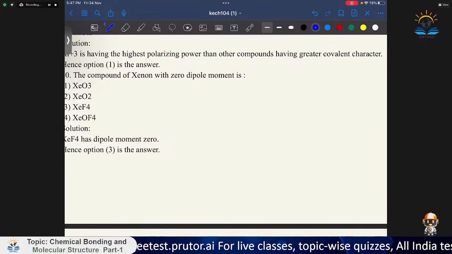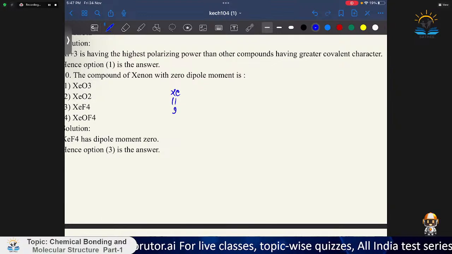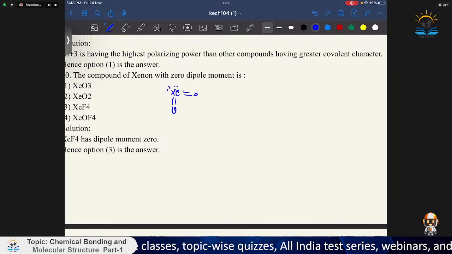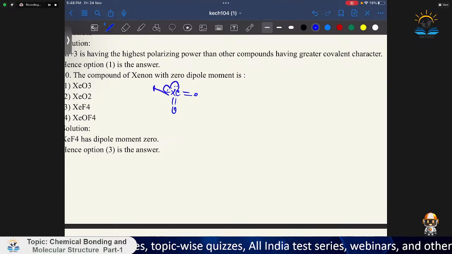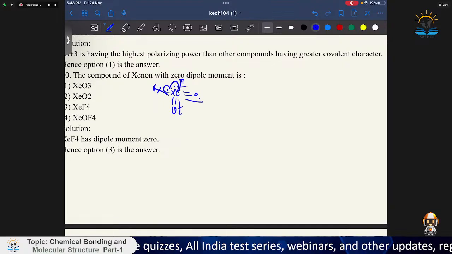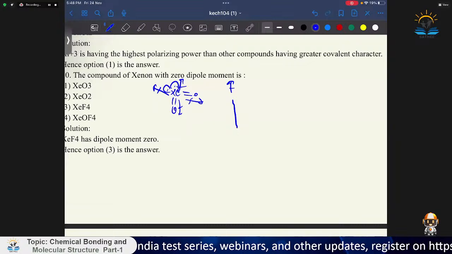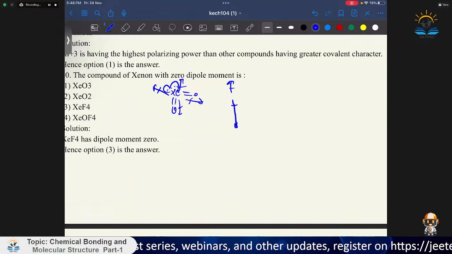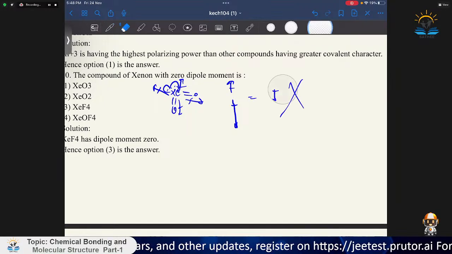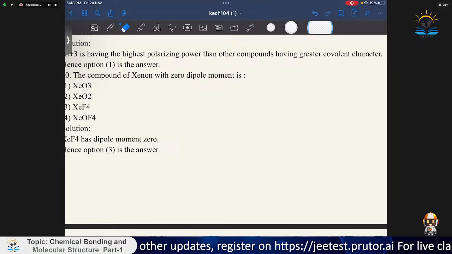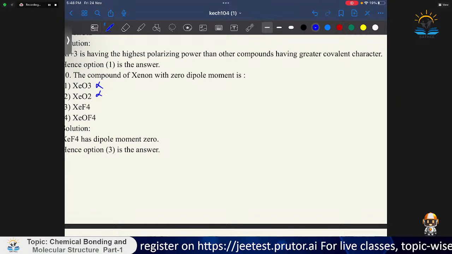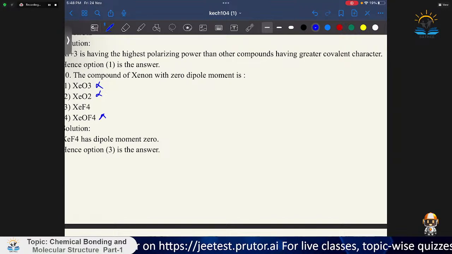Next, XeO2 is like this. If we add these up, there will be one dipole moment here and a large dipole moment towards oxygen, which gives us a dipole moment like this. This is also not the answer because the dipole moment needs to be zero. So we have successfully eliminated XeO3 and XeO2. We know the answer is XeF4, but we move on to the fourth option.